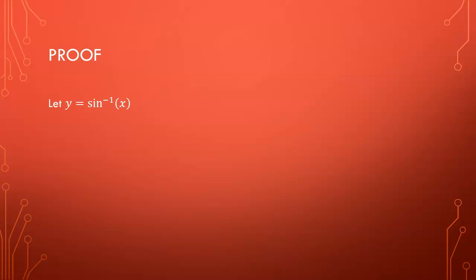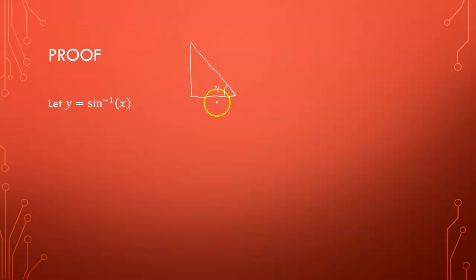So with this proof, I'm going to start by drawing a picture of a right triangle. And in my right triangle, the angle is going to be called y, because remember, sine inverse returns the angle that gives you that ratio.